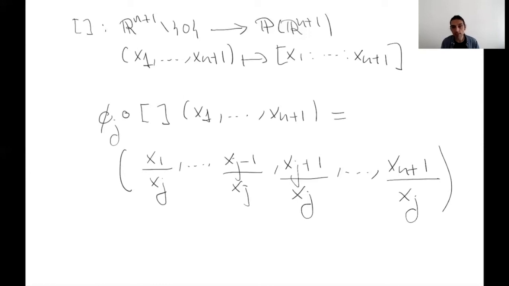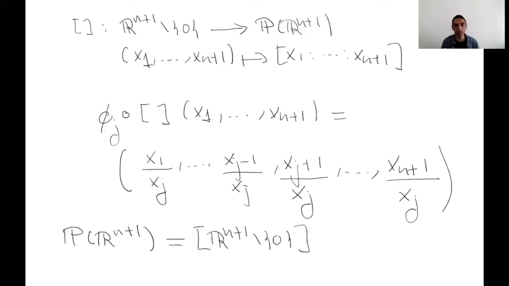Something that is interesting is that the fact that the map is continuous implies that the real projective space is a compact manifold. Because what we have is that the real projective space of dimension n is just the image of the complement of the origin in R to the power n plus 1.